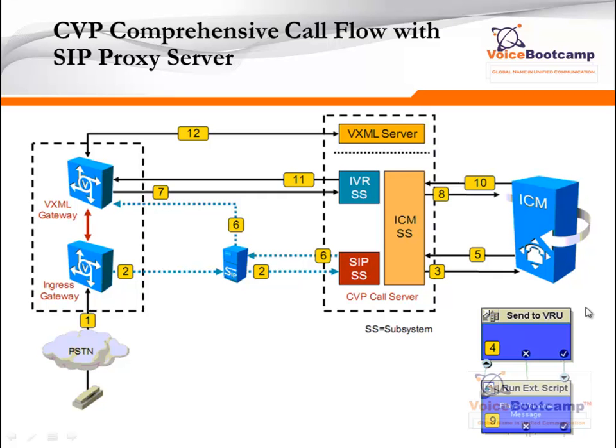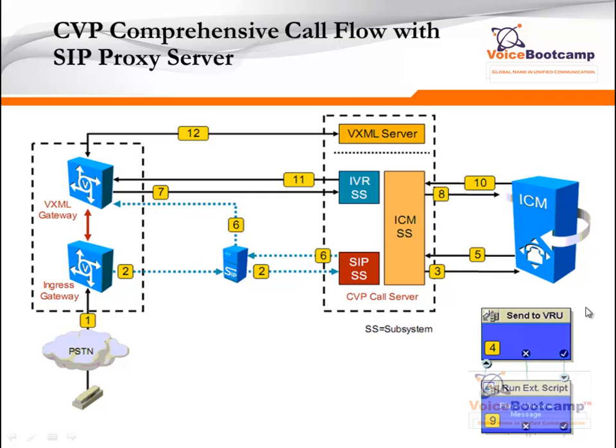The IVR service then sends a route request to the ICM in step number 8 for further processing, which will allow the ICM to re-enter the previously started script. Again, in step number 8, the call comes back to the ICM, and the script that was executed in steps number 3 and 4, the same script, will be used to connect that step number 8 session.